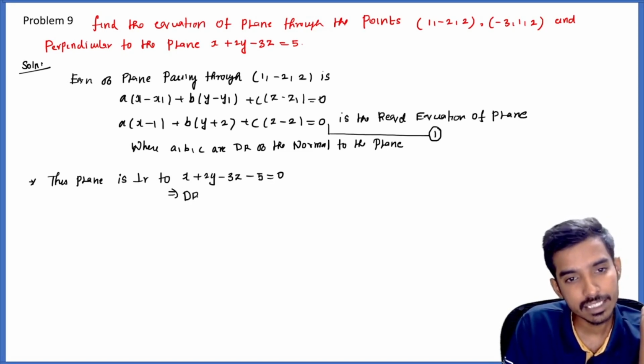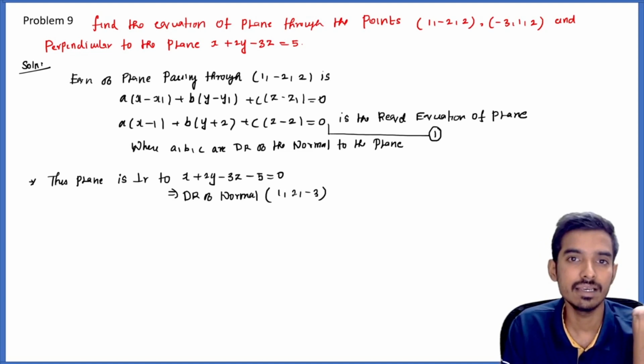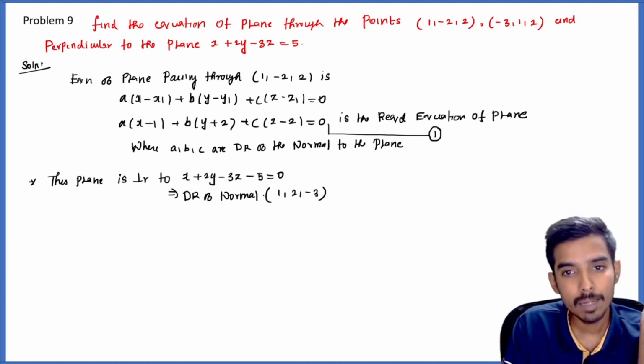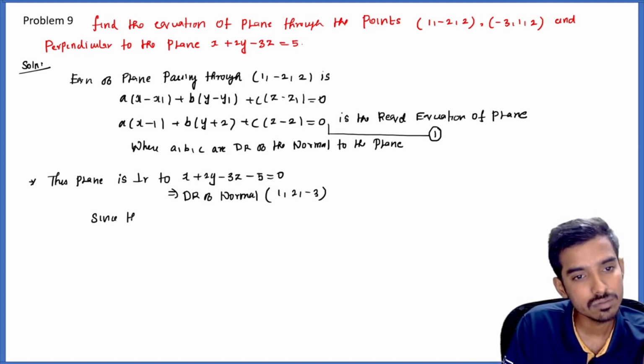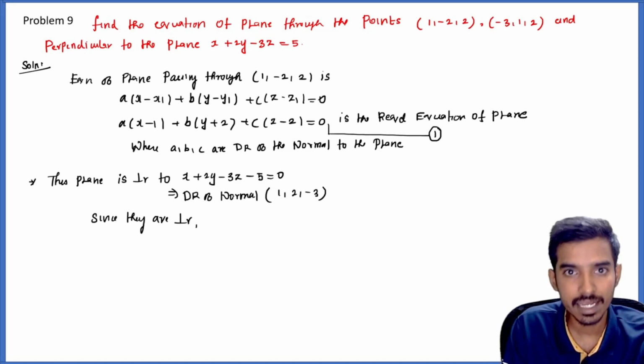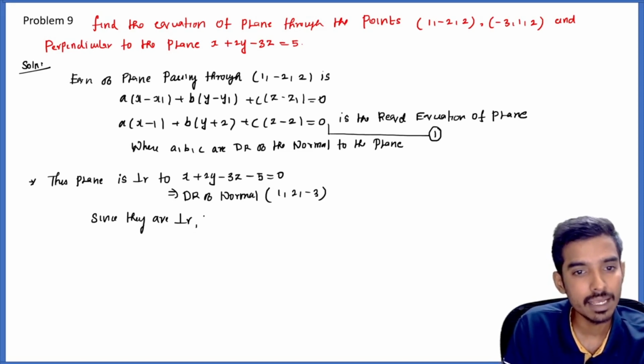So this plane is perpendicular to x plus 2y minus 3z minus 5 is equal to 0. This implies the direction ratio of the normal to this plane is 1 comma 2 comma minus 3, right? So these two planes are perpendicular, so the corresponding normals are perpendicular.